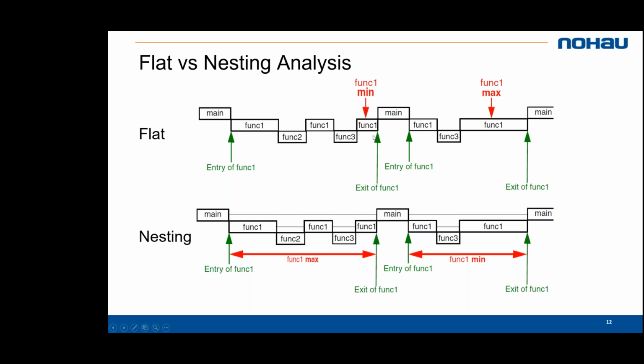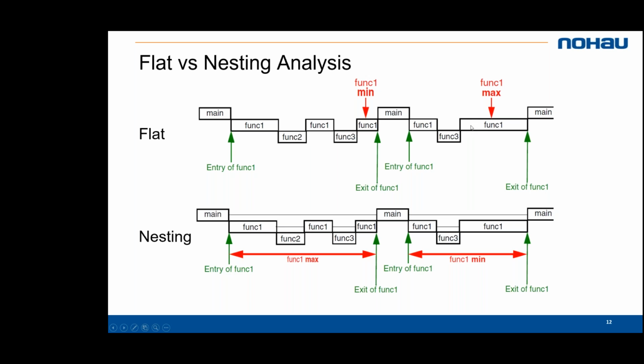So for example, if you would check the minimum execution time of this function, it will say, for example, here, but this is not the minimum execution time from entry to exit. It's just the minimum time you spend in the body of the function. And vice versa, the maximum execution time could be something like this.